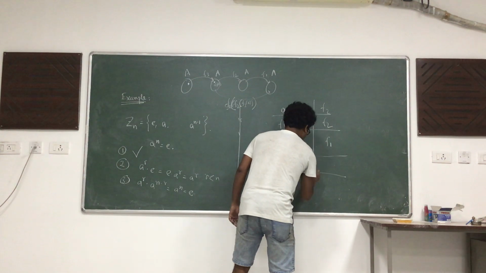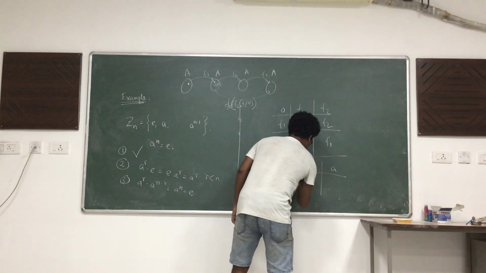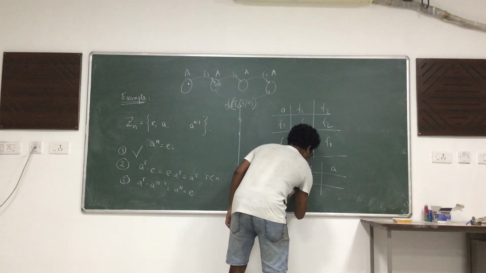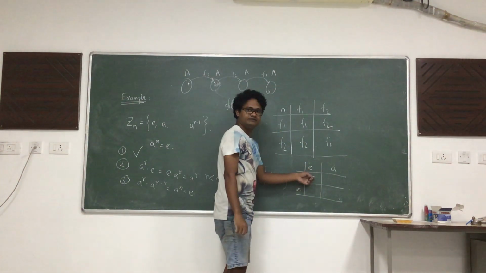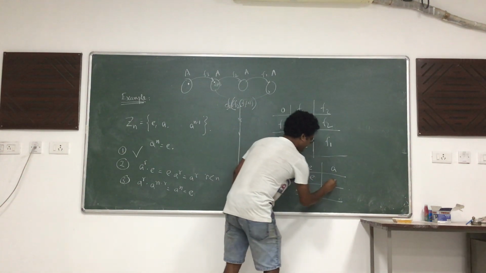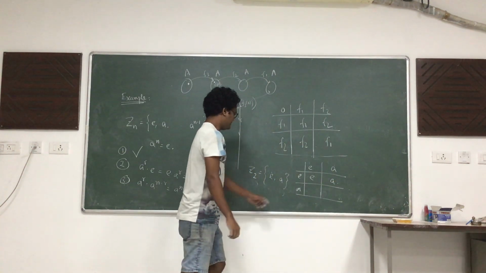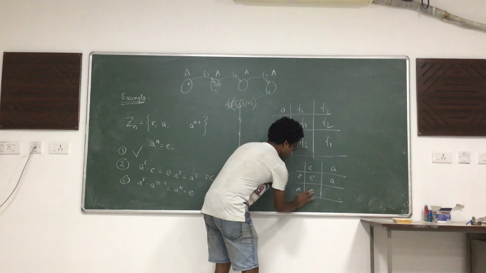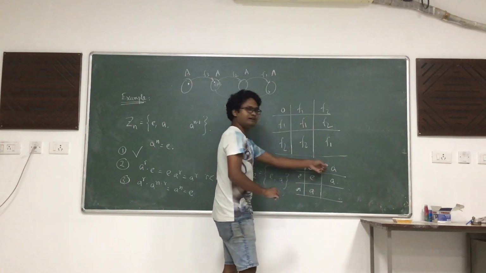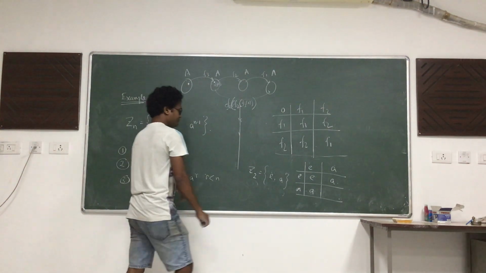Let us see: E, A; E times E is E; A times E is A, and A squared by this definition will be E.